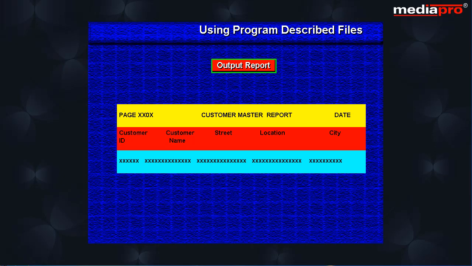Our output report has three different types of line to be printed. Two heading lines that are printed at the top of each page and one detail line for each record in the input file. Hence, we need to specify three different record formats.